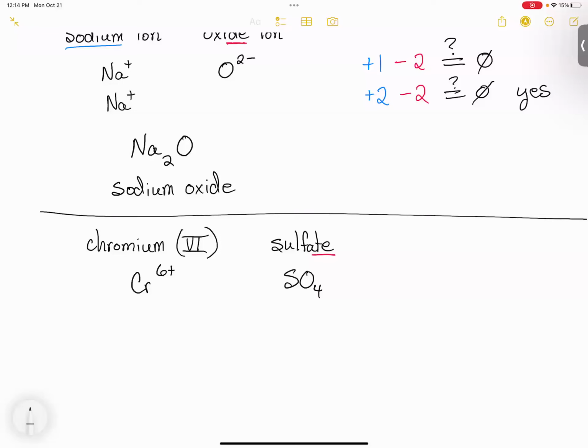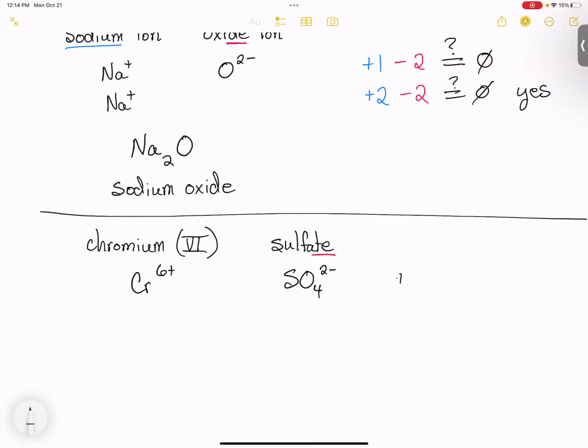It's a -2. Why was the charge on the sulfate a -2? Because sulfur is in group 16 and sulfide is a -2, so sulfate is a -2.